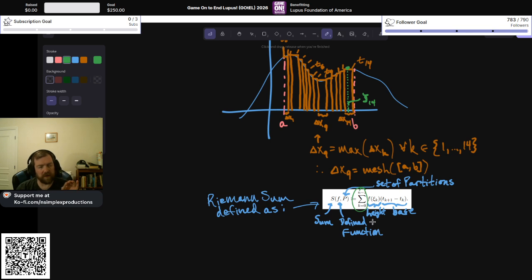Because we're going to be taking a lot of these sums, and over a large amount of sums, especially as the sub-intervals become smaller and smaller, we approximate the true value no matter what we do with our xi. So it could be something that's all the way on the left, all the way on the right, or anything in the middle.